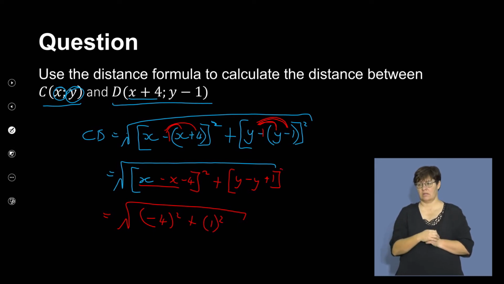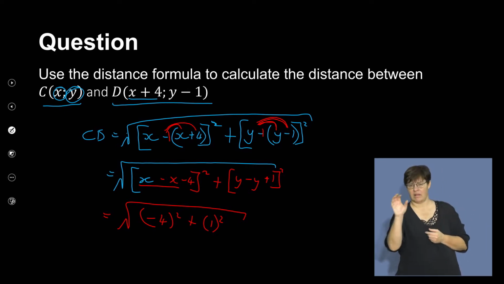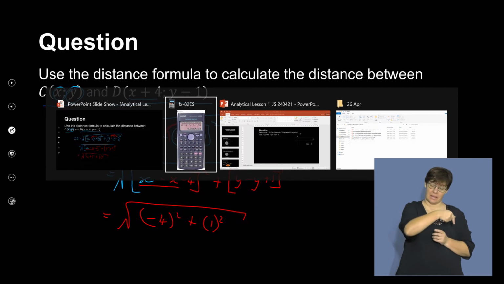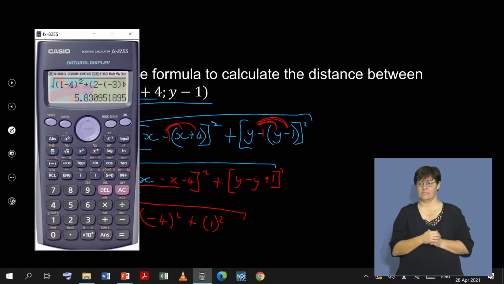I forgot the squared there. And at this point in time, I can go back to my calculator. I don't have algebraic letters anymore, so I can plug it into the calculator, and we can get an answer. And so let's do that. Let's go back to our calculator. I'm just going to start that again.